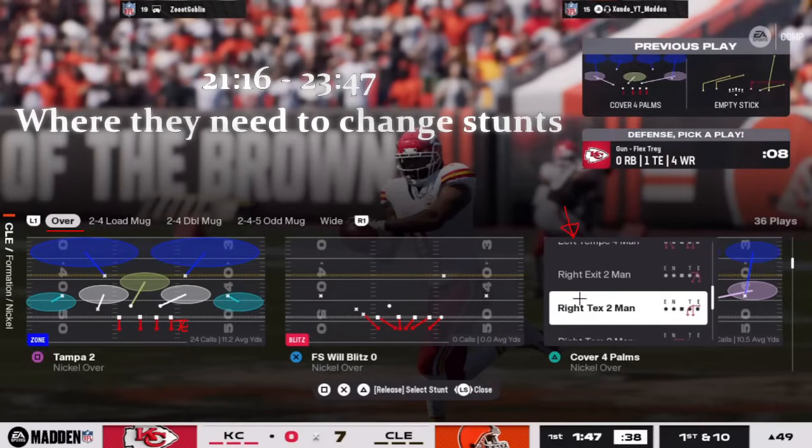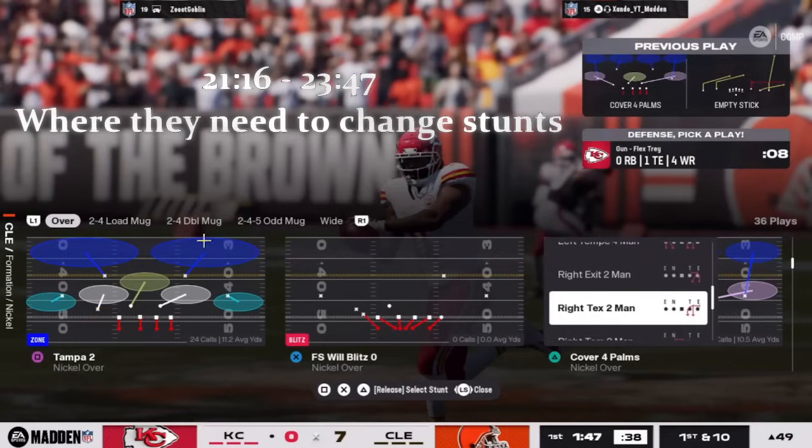Okay, well, when I pick left exit 2-man, and then we come out and the tight end actually lines up over here, well, now I have the stunt coming on the left over here where I did not want it to be run. I wanted it to be run on the weak side. So you almost have to guess which side they're going to line up in the strength.